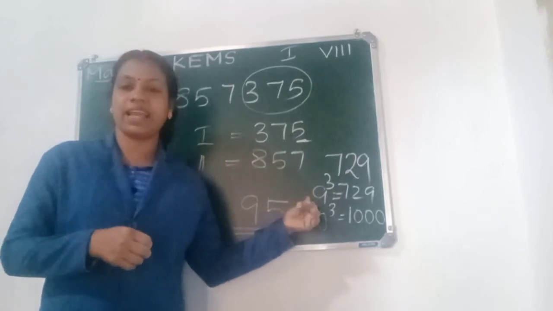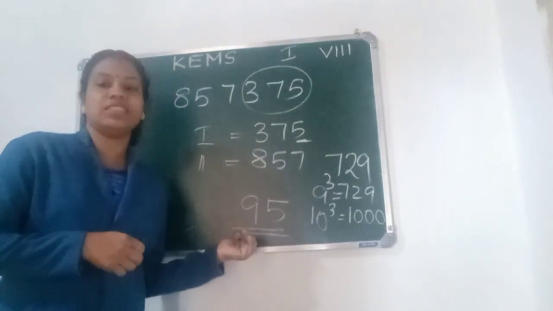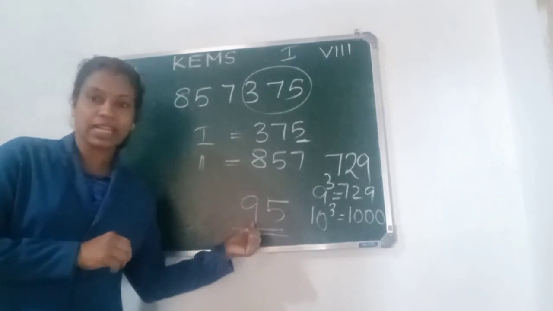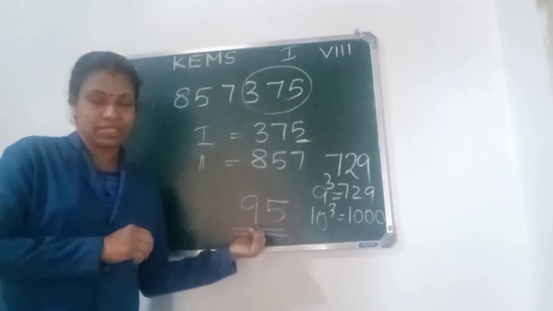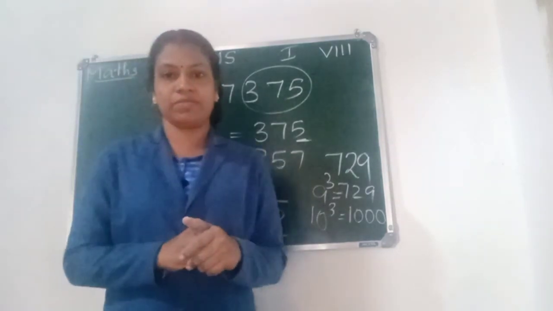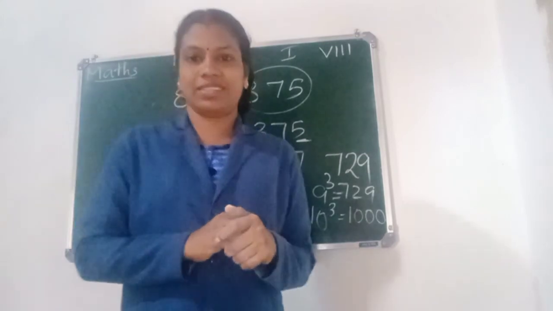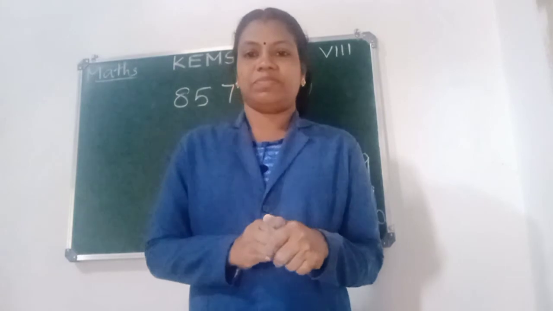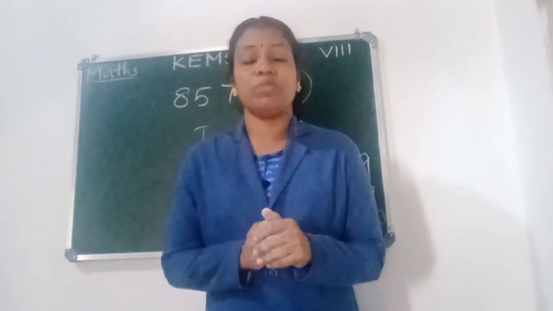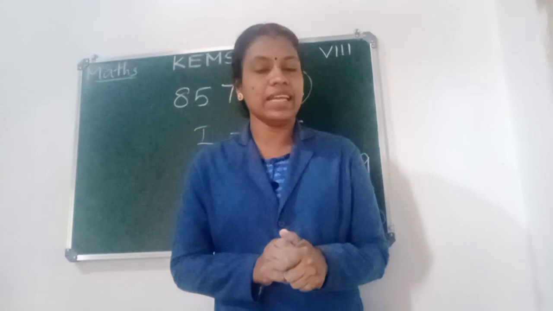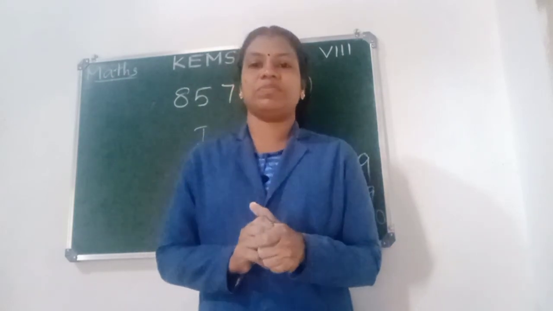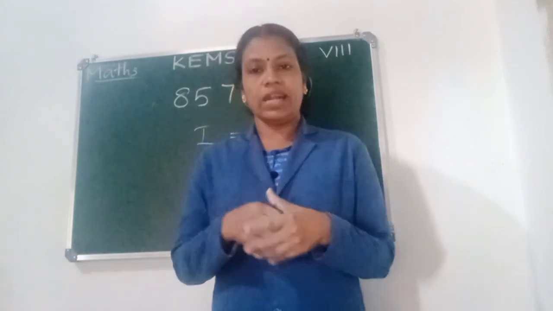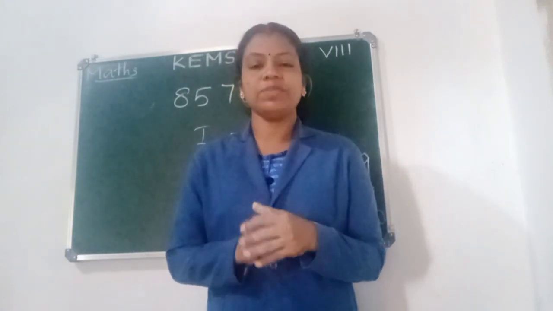Take that 9 as the tens place digit of the answer. Write that 9 in place of tens. So the number is 95. Clear? Yes. This way we can estimate the cube root of a number. That's all. We will discuss the same topic in the online class. Thank you. Have a nice day.